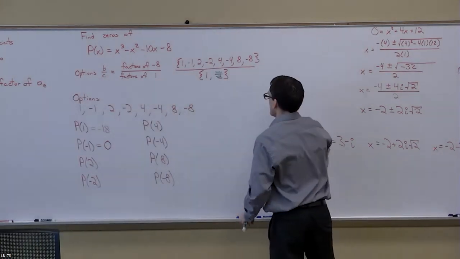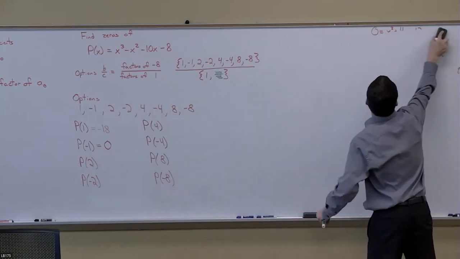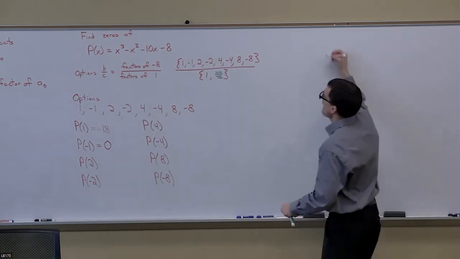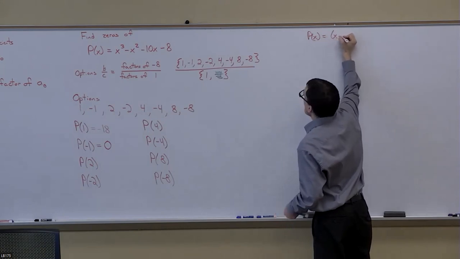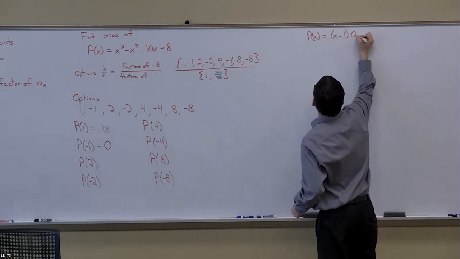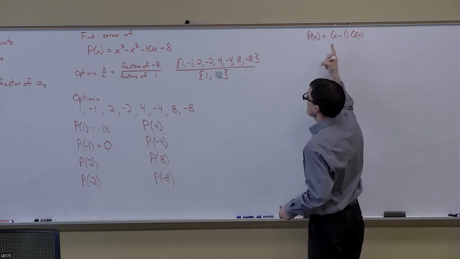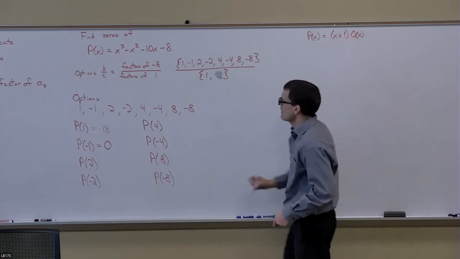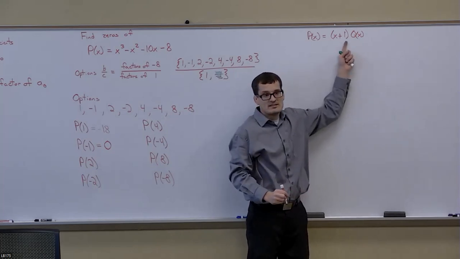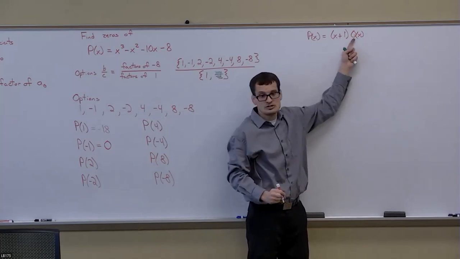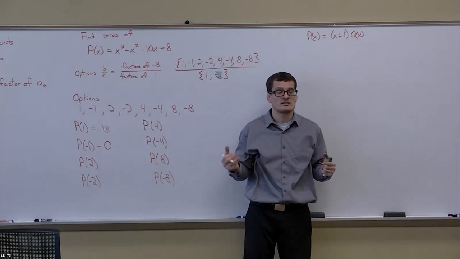If you want, you could stop right here and do the thing we have been doing for a while now and use the fact that -1 is 0 to find the quotient. When you divide by x plus 1, you can use synthetic division.